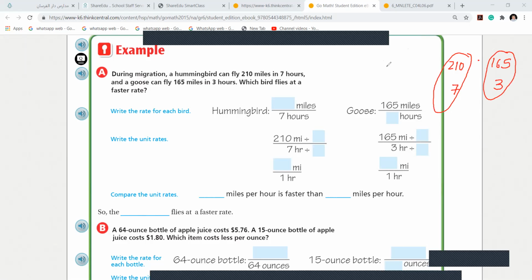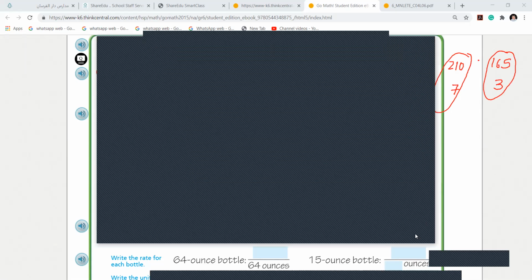So what I'm going to do, can I go to the white screen, girls? Yeah, miss. Just tell me these numbers. 210 miles and 7 hours. Okay, this is one bird. And the other one is 165 miles in 3 hours.